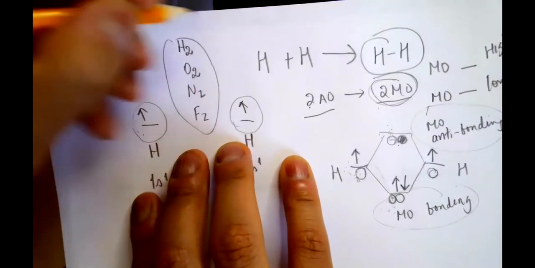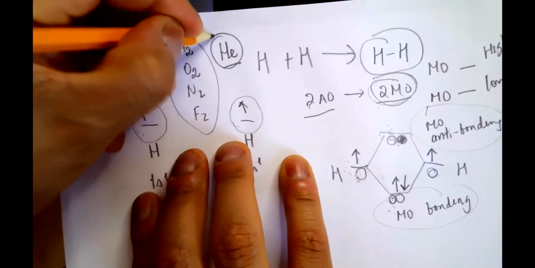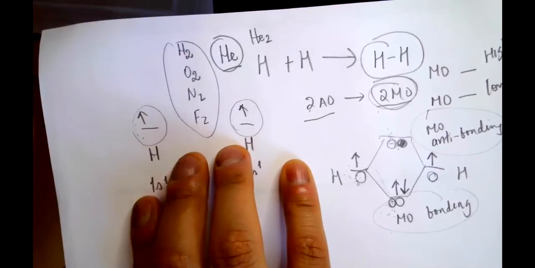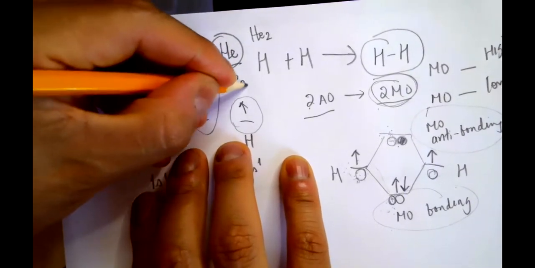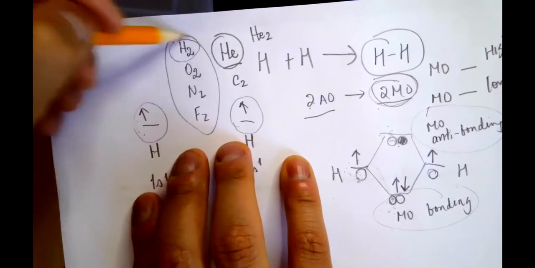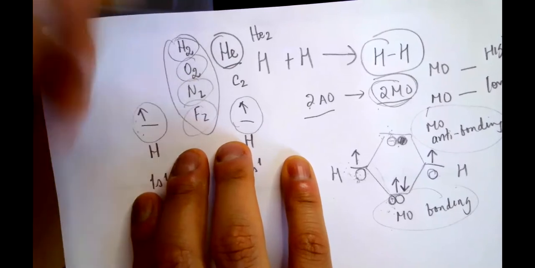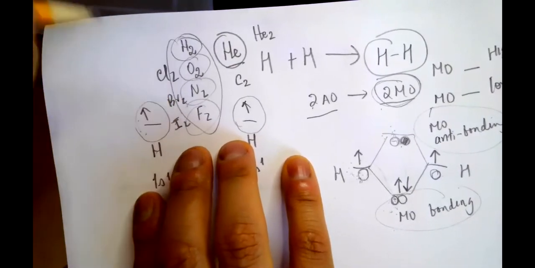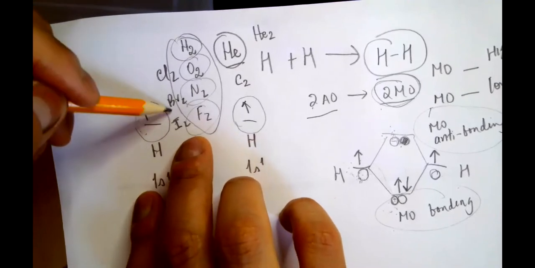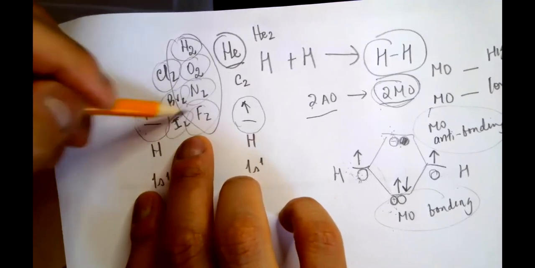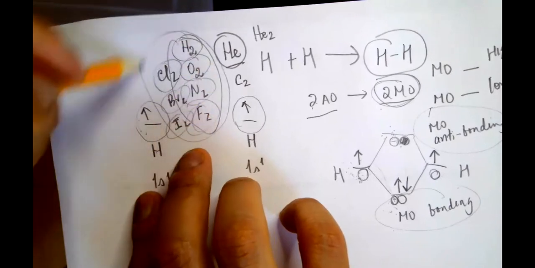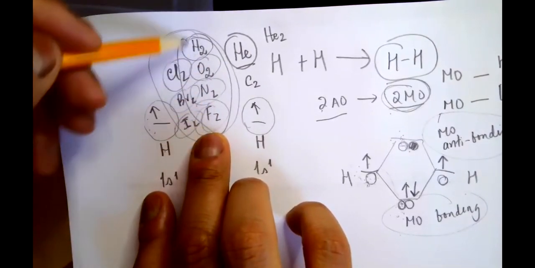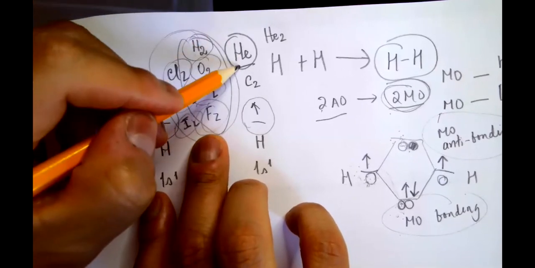Have you ever wondered why helium exists by itself? How come I never see helium as He2? Why I never see carbon as C2? Why H2, O2, N2, F2, Cl2, Br2, I2? There are few elements that exist in nature as diatomic molecules. Have you ever wondered what the reason is? Why do they exist in pairs and this one exists as single?